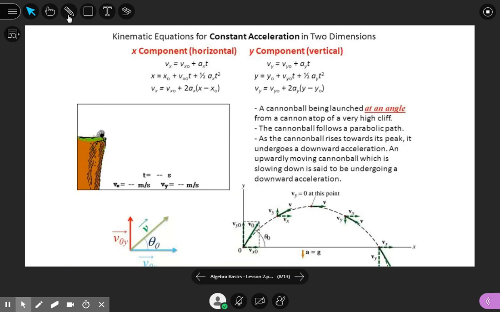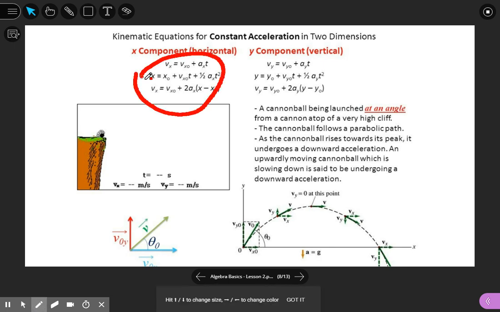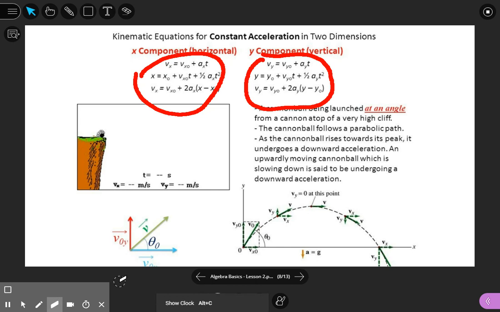There are these fancy equations. Do you see this fancy equation here? Those 3 and these 3 as well, which are really similar, describe the behavior of what's called a projectile that has 2-directional motion.